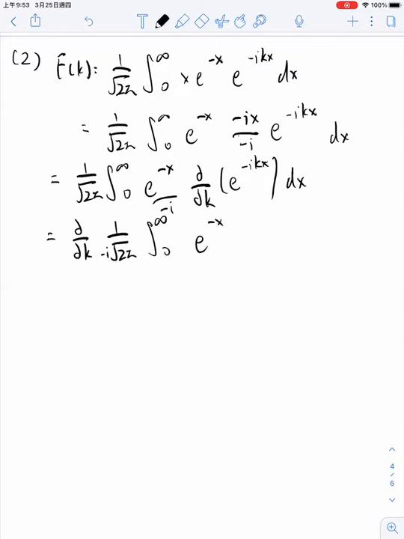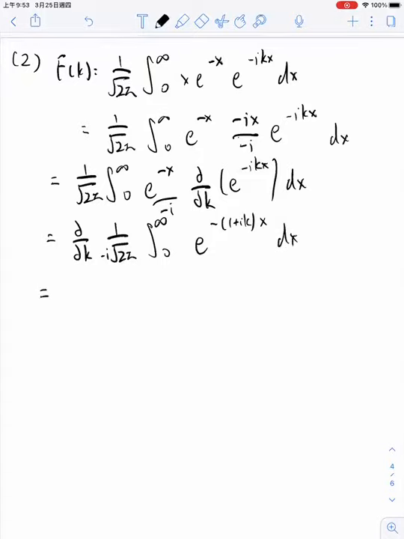And then we just integrate this part, and this part is just the last part in method 1. And you will get 1 over 1 plus ik.